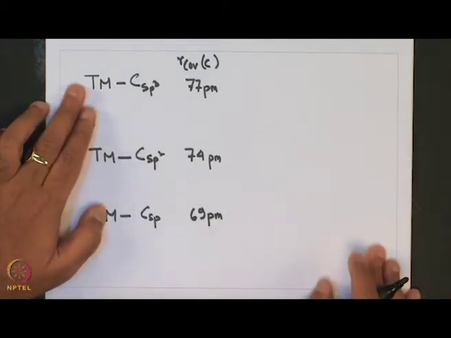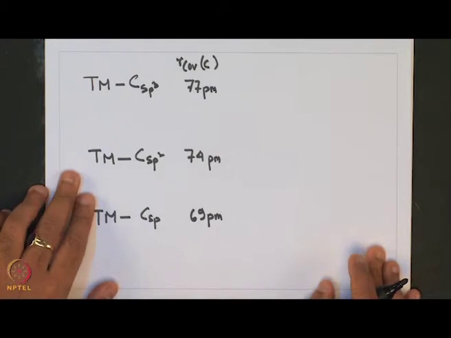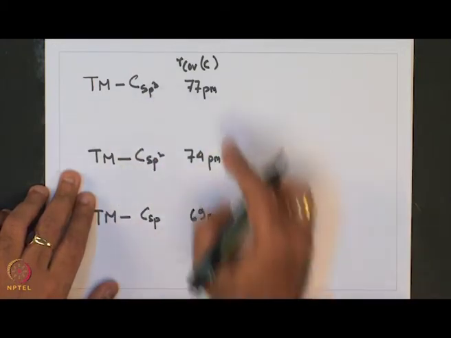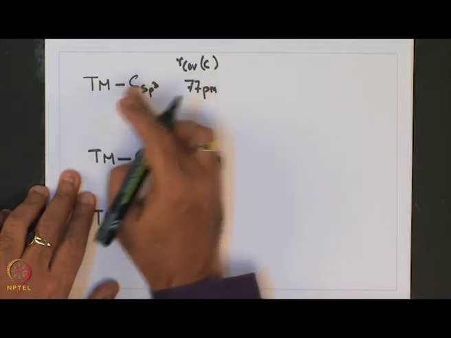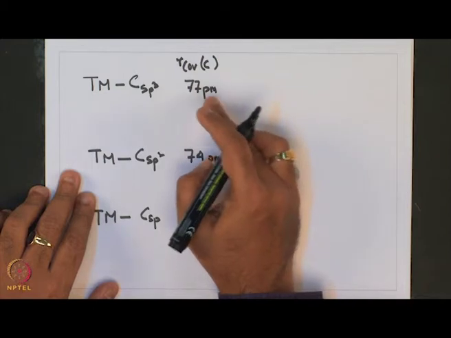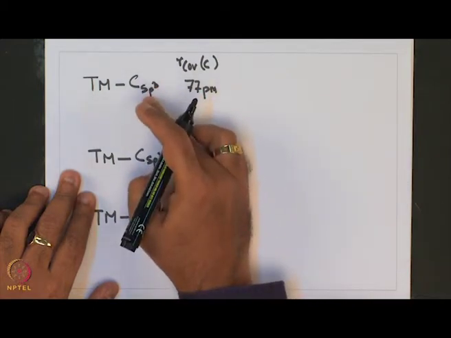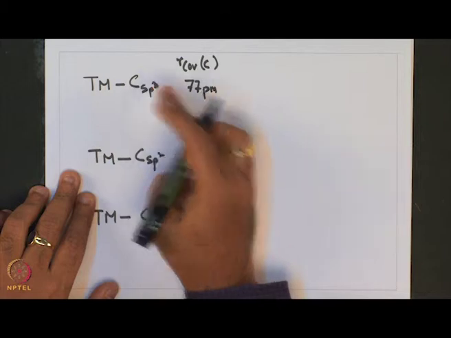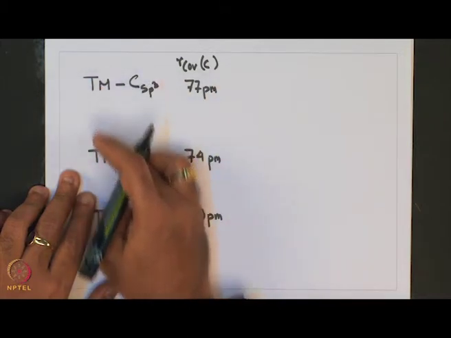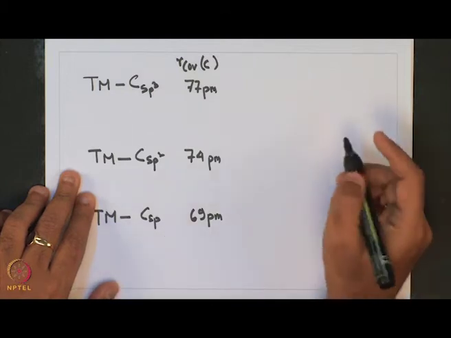If the transition metal remains the same, and if it binds to three different hybridized carbons, the overall transition metal carbon distance is supposed to decrease as the covalent radii of carbon would decrease from sp3 to sp2 to sp, whereas the covalent radii of the transition metal would remain the same.